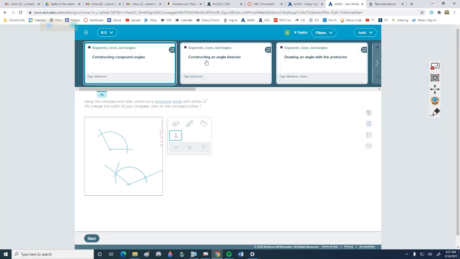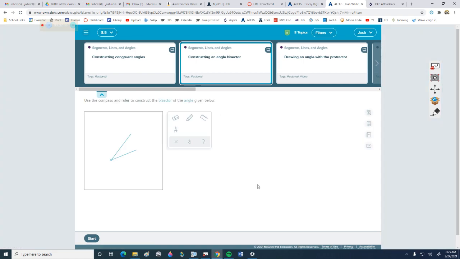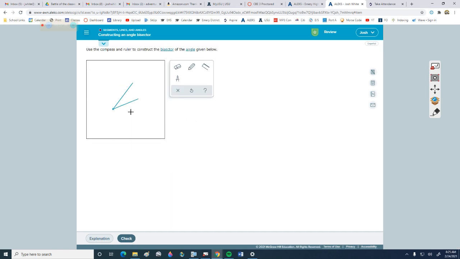Okay, next one. Constructing an angle bisector. Do you guys know what a bisector is? It cuts it exactly in half. So, to construct an angle bisector, we need to make a new angle that splits this angle into two equal pieces.